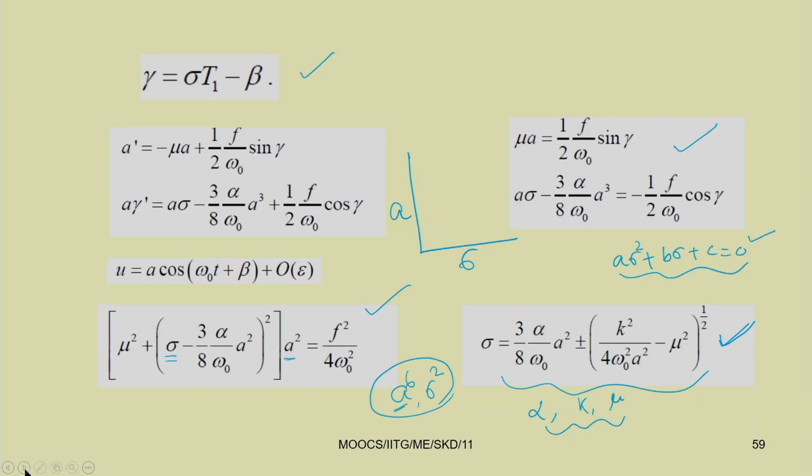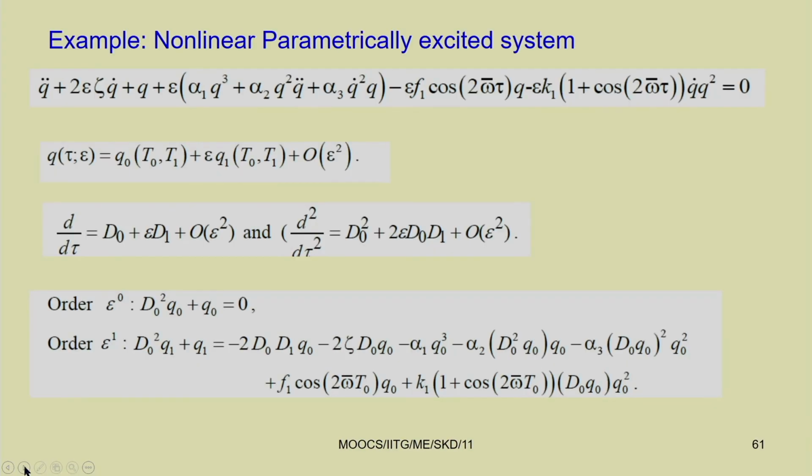Next, let us take another example where we study a parametrically excited system. Already I have given you the example of a simple pendulum where the platform is moving up and down.